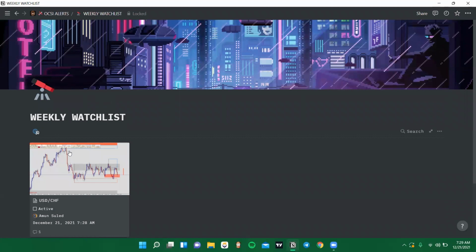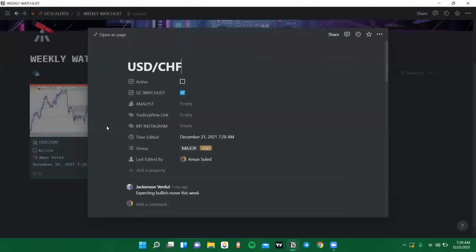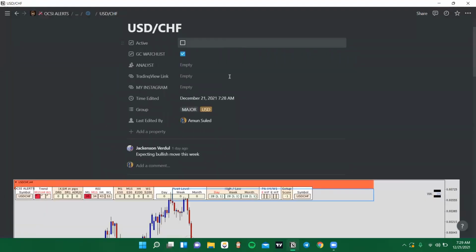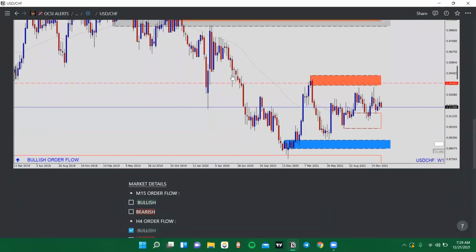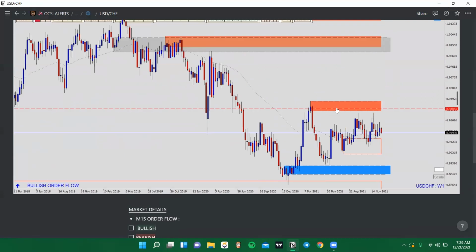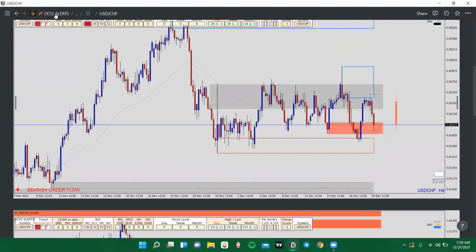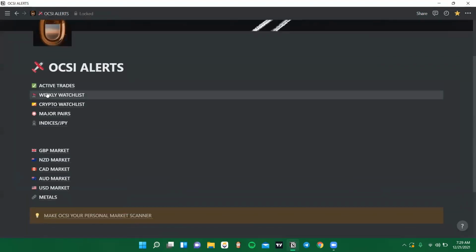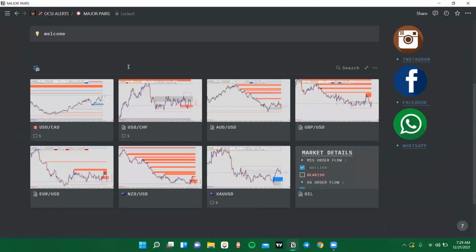So right now we have USD Swiss franc on the watch list. That's what we were just talking about, right? 28%. And we finished doing all the majors like this.